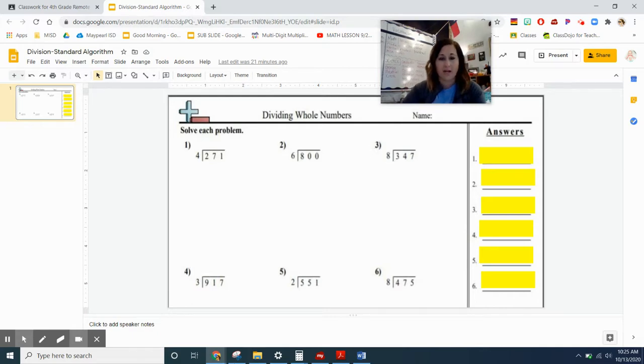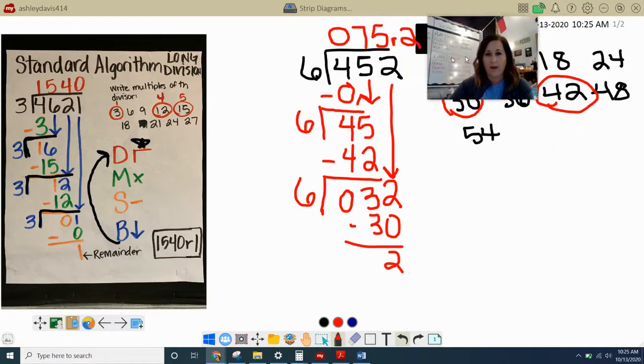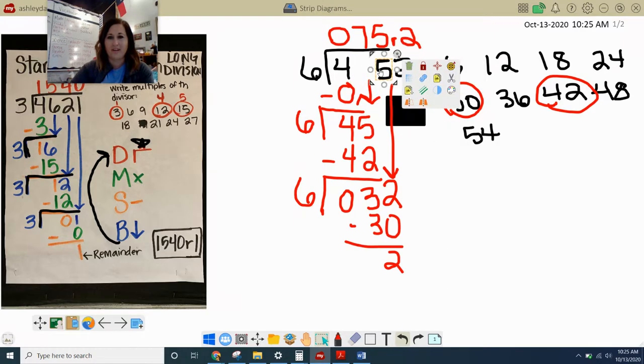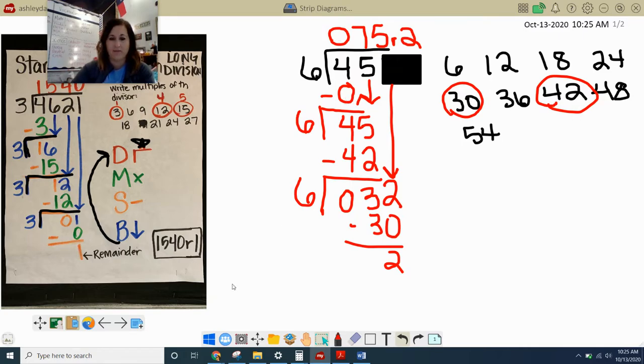So remember on that example I showed you, like this one, where you could have put a 0, since you can't get any 6s out of there, and subtracted to get 45, or you could have just said, oh, I can't get any 6s into 4, so I'm going to slide. Let me move my numbers around, sorry. So if I can't get any 6s out of 4, I'll slide over and think of it as 45. Still got to the same outcome, just took out this 0 step. But you're more than welcome to do the 0, like I put the 0 step there if you need to.